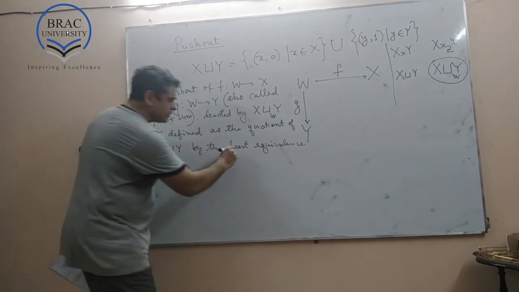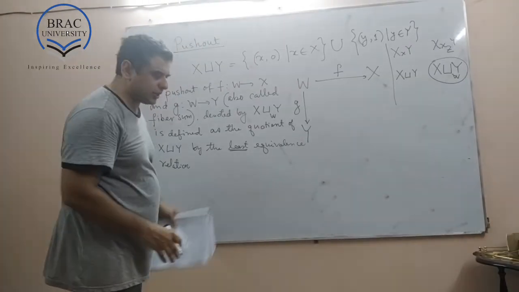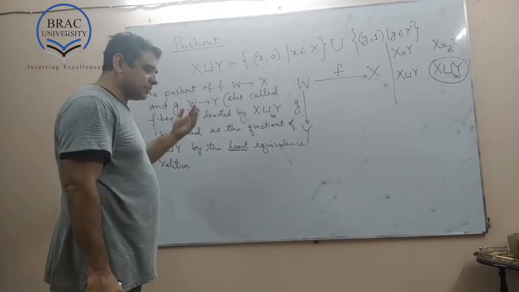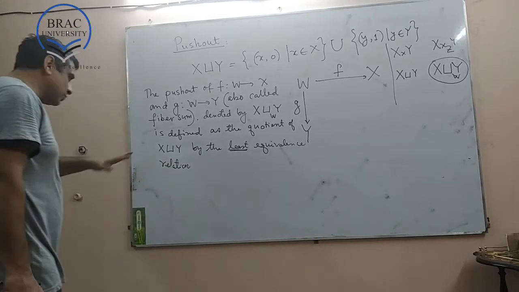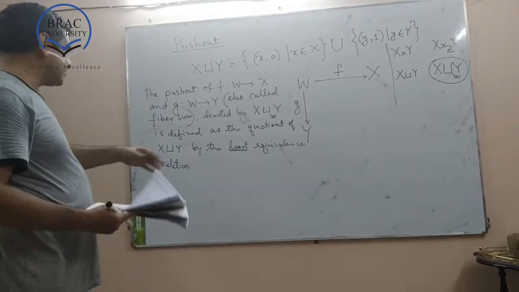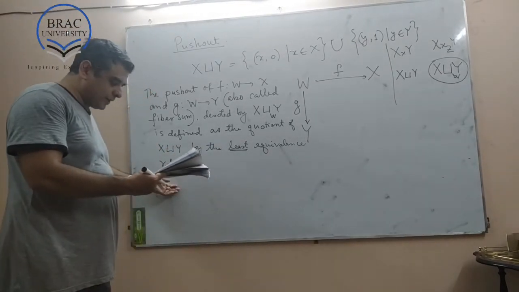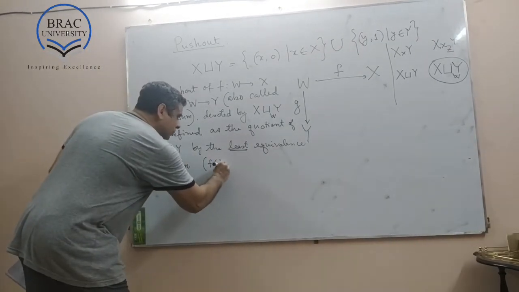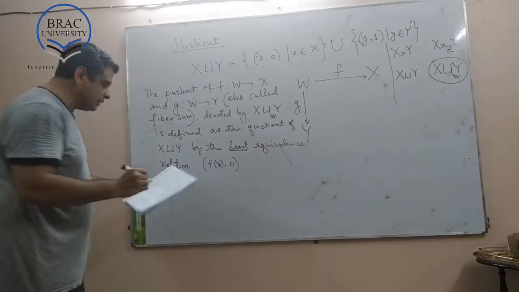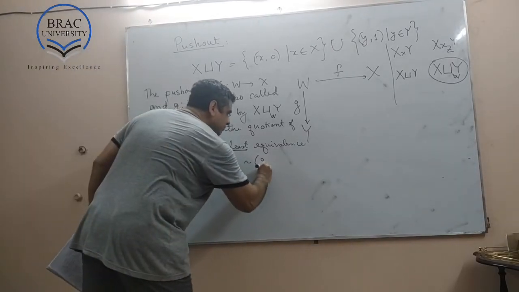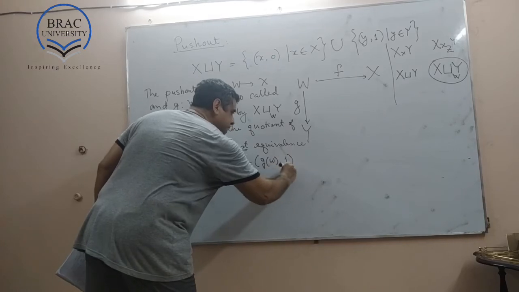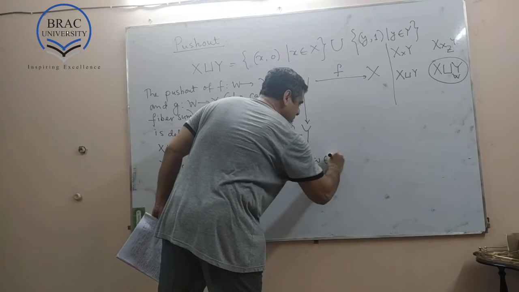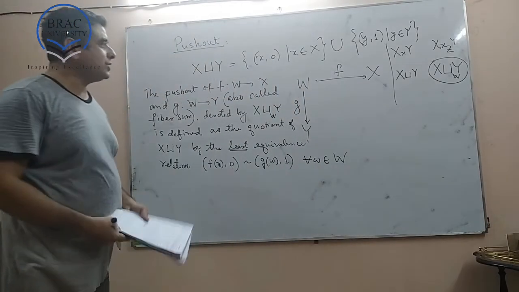If you don't understand the meaning of this, just leave it like that, because it's the finest or least, a topological thing, and we don't need to know these things right now. Just think of it as an equivalence relation the way I'm defining it now. So f(w), 0 is going to be identified with g(w), 1 for all w in W.